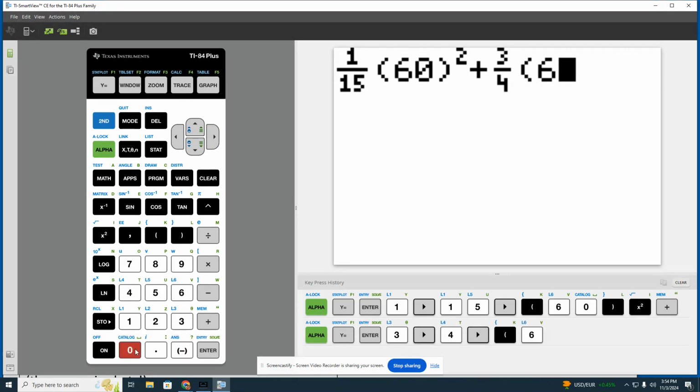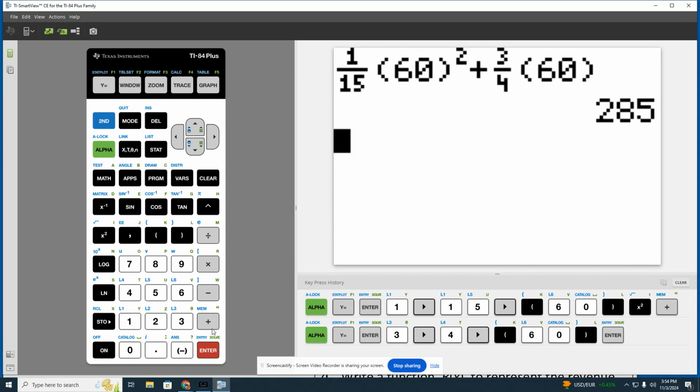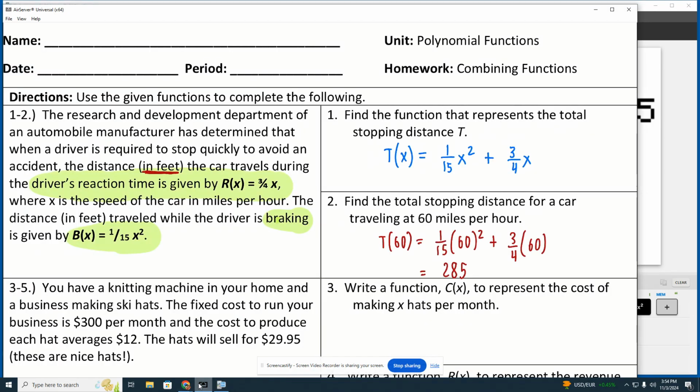And it's going to do all the work for me, and it's going to tell me that it looks like it would take me 285. And how do I answer this? Well, if you look at these, it says the distance is in feet. So that's going to be 285 feet. Okay? So that was the one that was different.